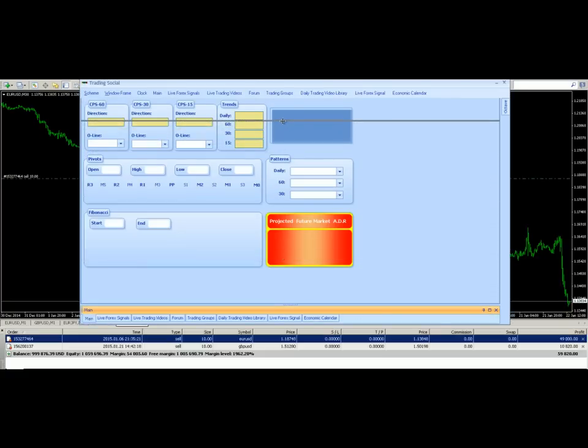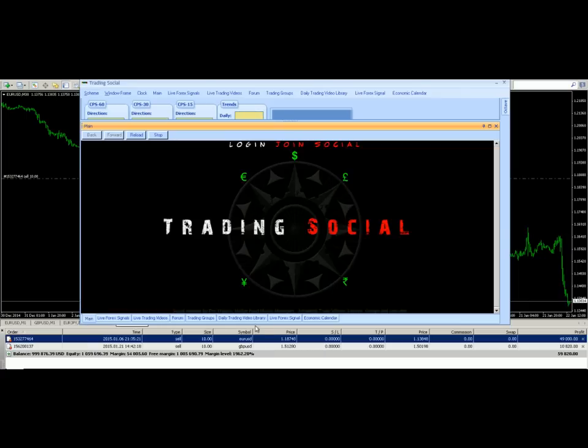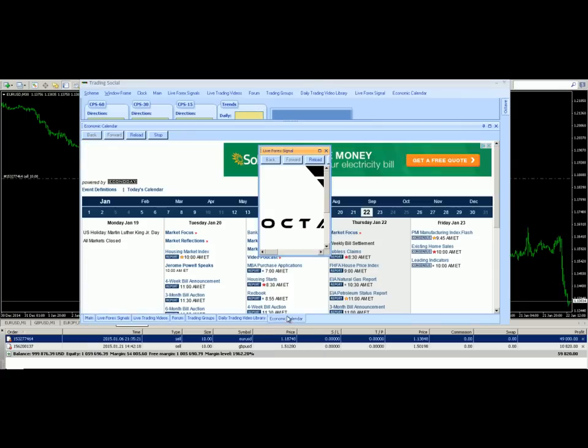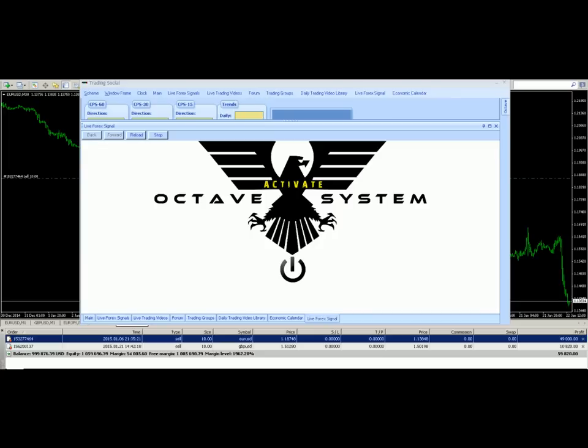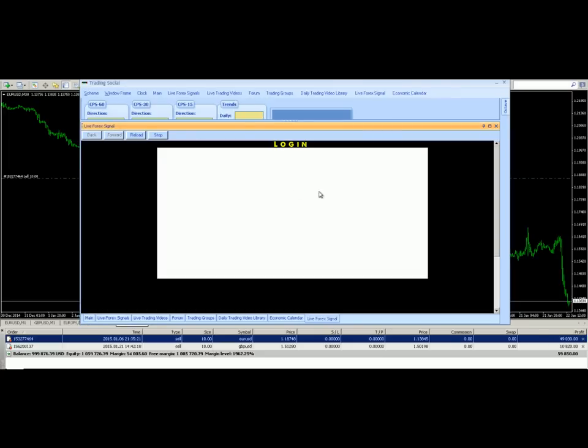And what I want to do is log into the automated version of the Octave. So when I go to the tab below, go ahead and click on activate.